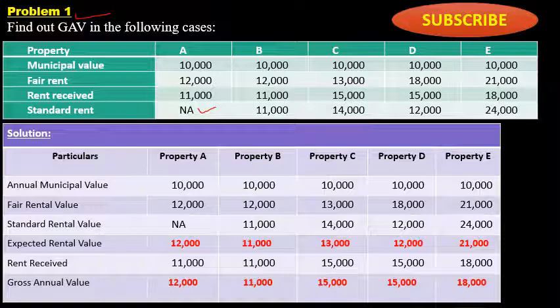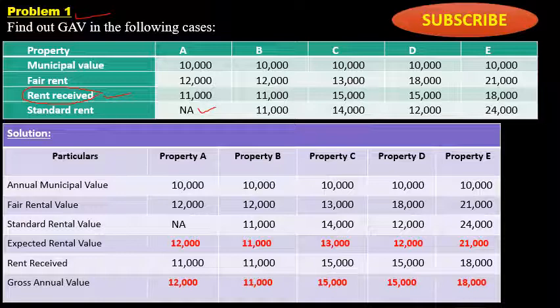Now property A, whether it is a self-occupied or let out property. See here in particulars, rent received is given for all the houses A, B, C, D and E. So whenever rent received is given for all the houses, it signifies that all the five properties were let out properties.